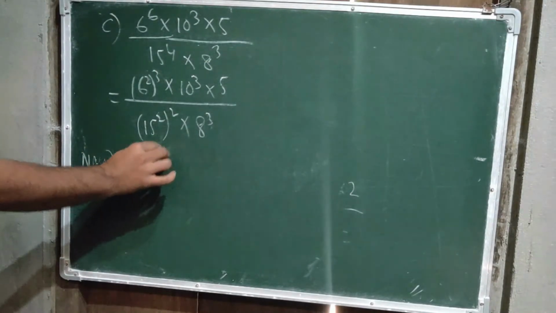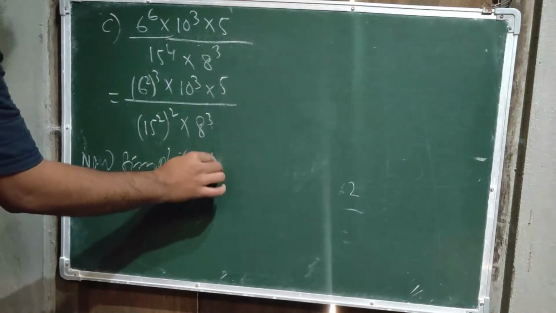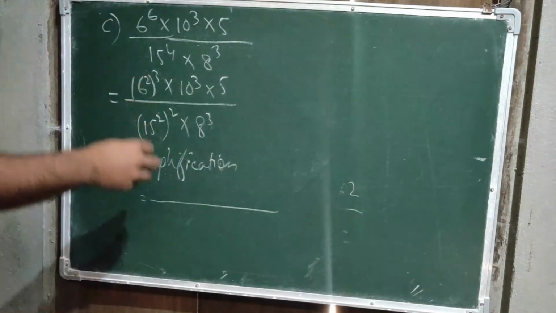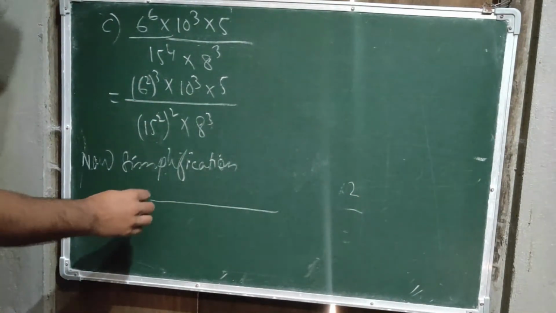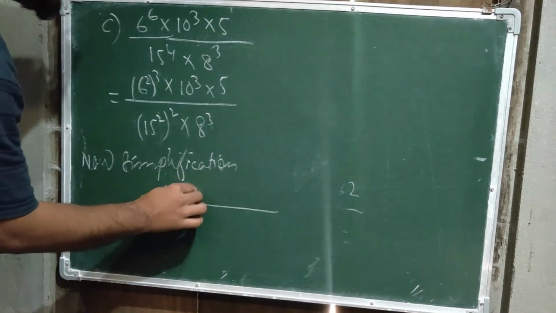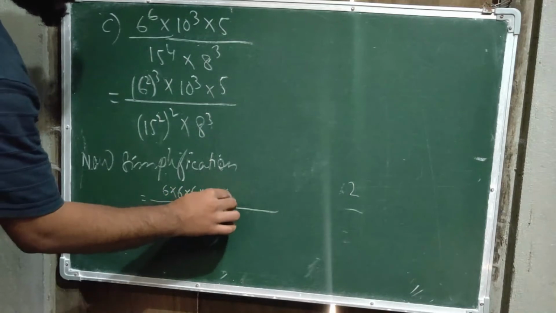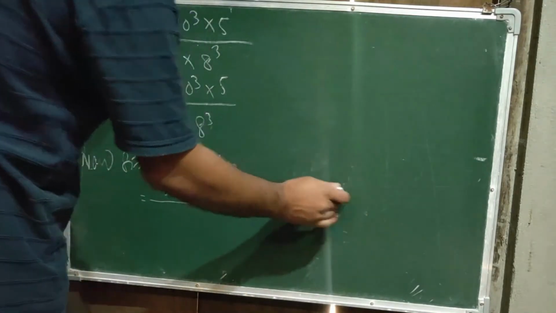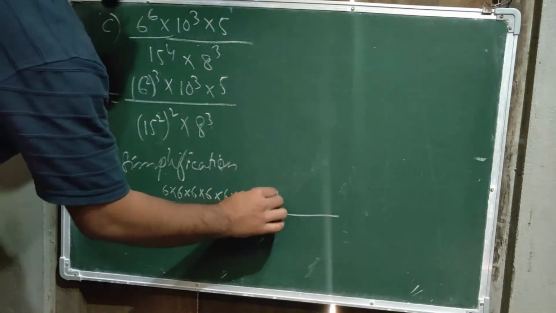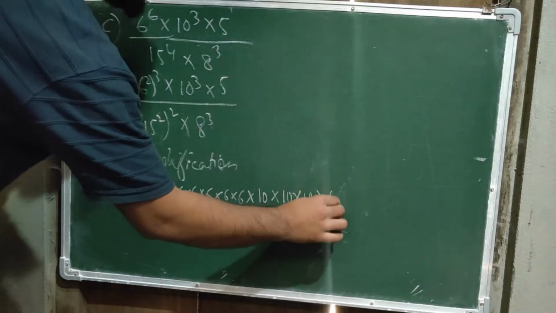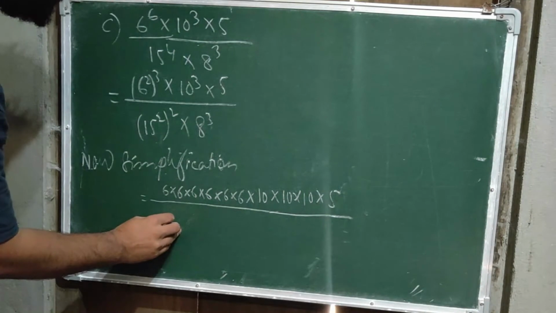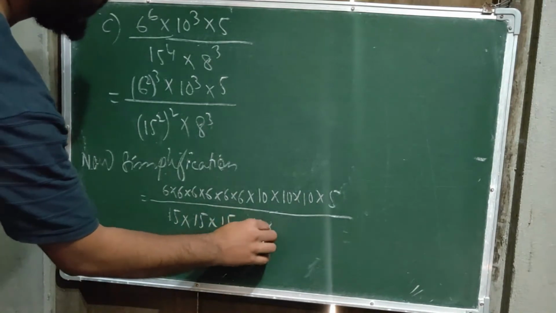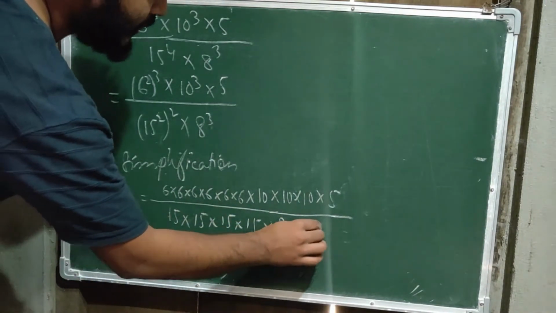Simplification. So 6 will put 6 times, again 10 will put 3 times, again 5. 15 will put 4 times, into 8 we'll put 3 times.